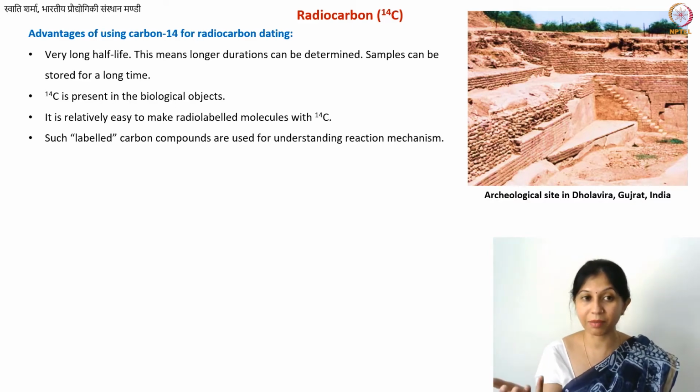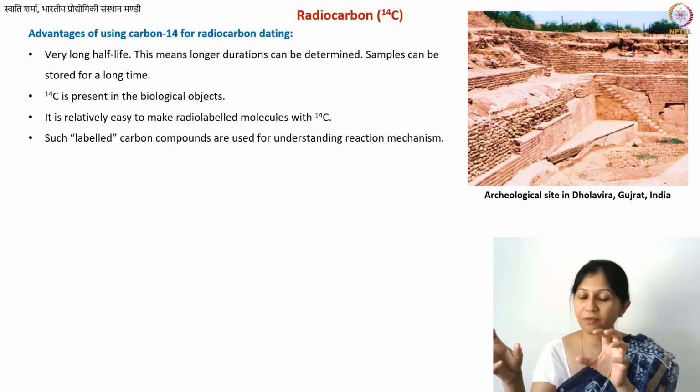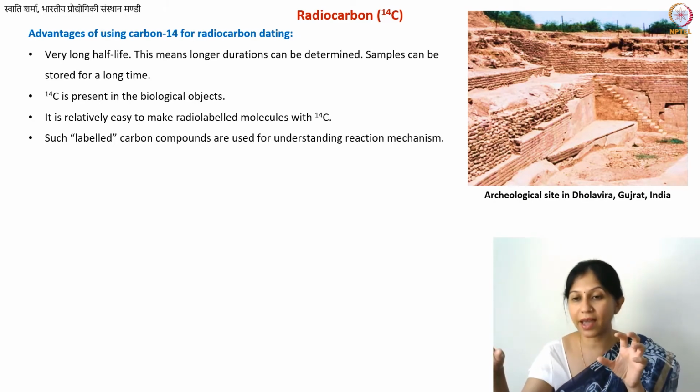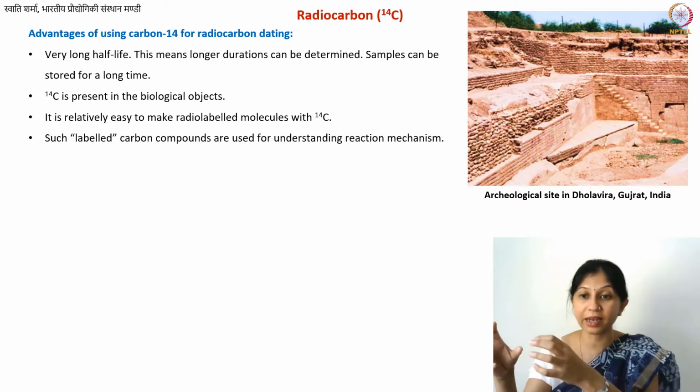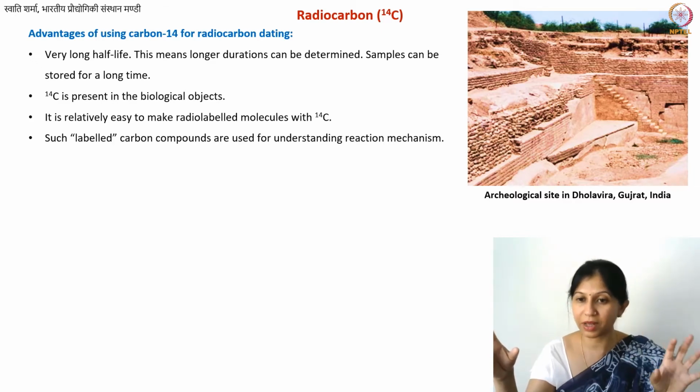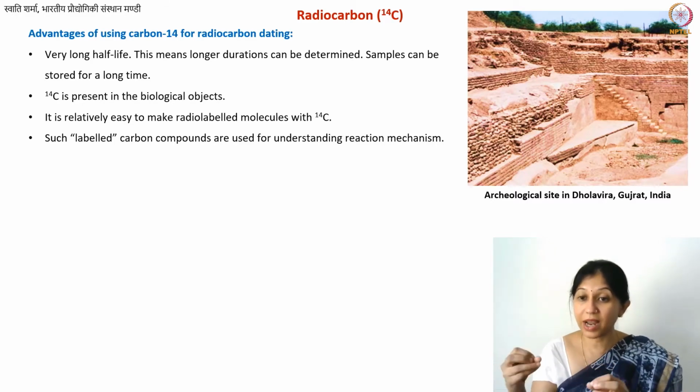Such compounds, in the case of chemistry, are also used for many other applications, for example, learning the mechanism of a certain reaction. So if I mix three things, A, B, and C, in the case of A and B I have carbon-12, but in the case of C I have carbon-14, and I can detect it. We can also do it with carbon-13, but right now we talk about carbon-14, which can be traced because it's a radioactive isotope.